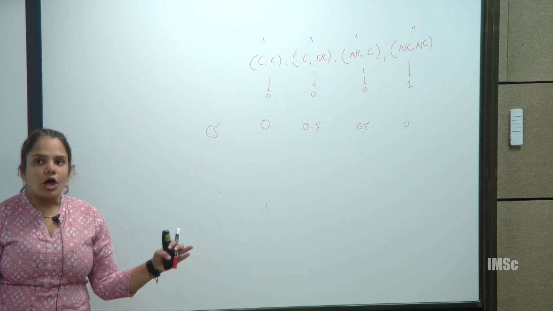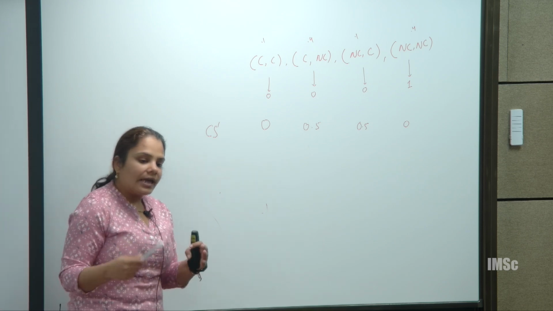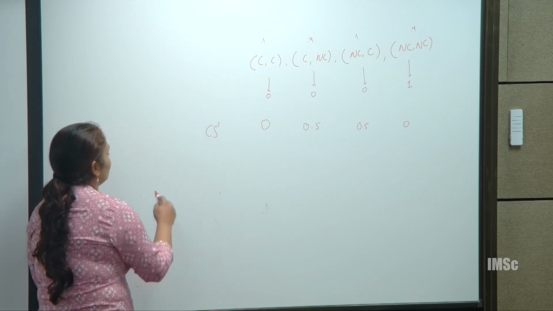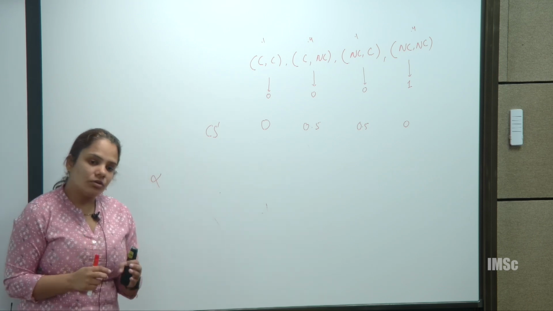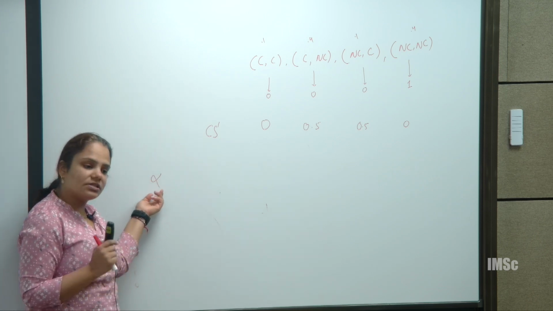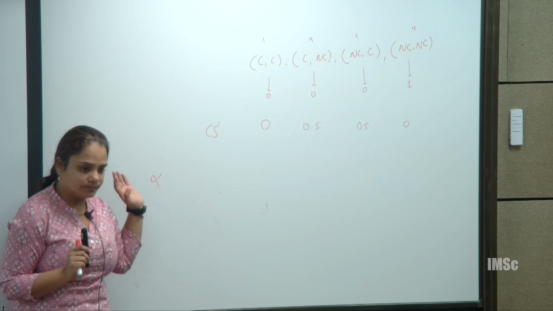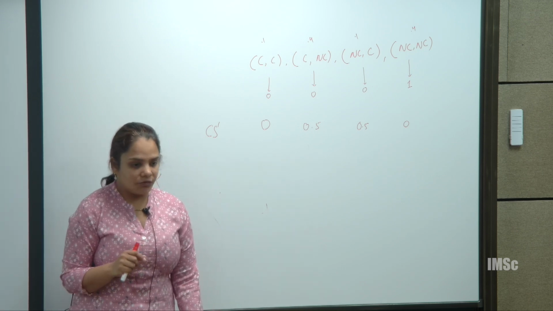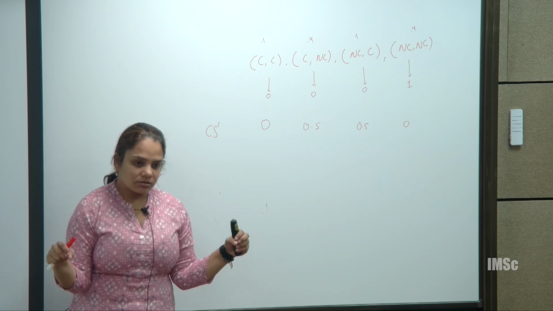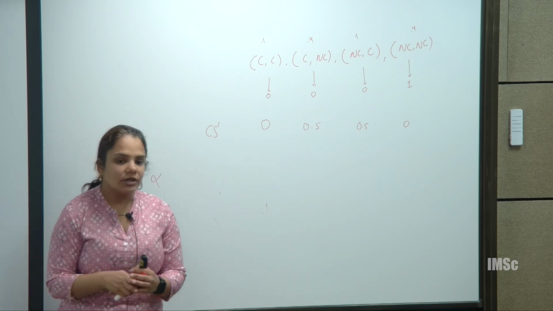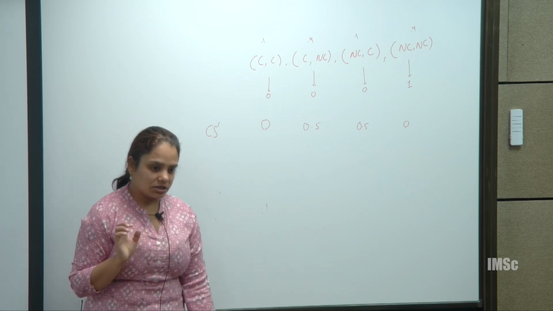So with respect to that, I devise a correlated strategy alpha, and I will just implement alpha. Now how will I implement alpha? I have this probability distribution. I will just tell each of the players that with this probability you play this strategy.